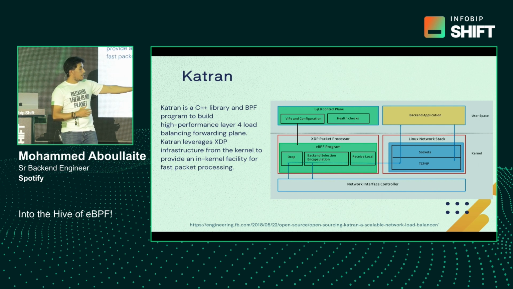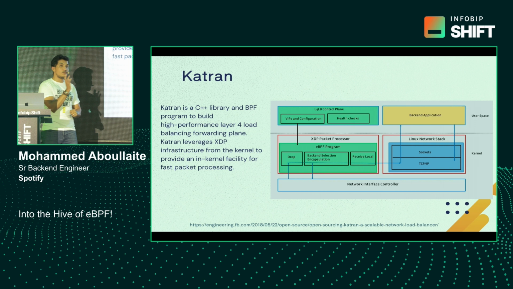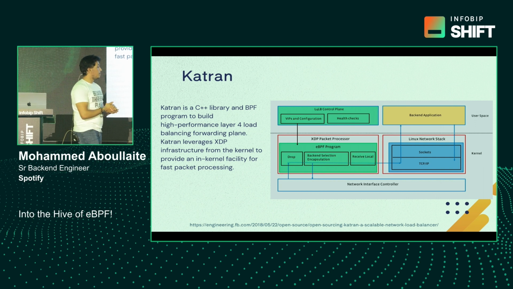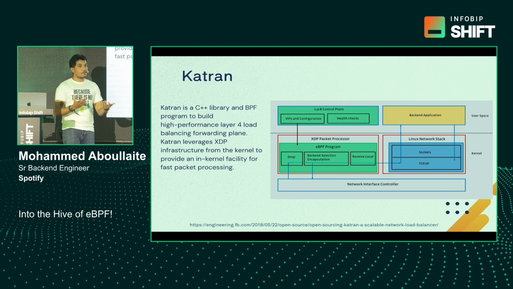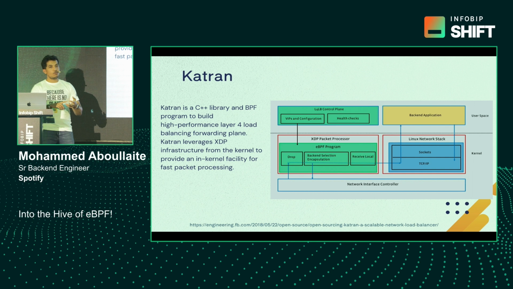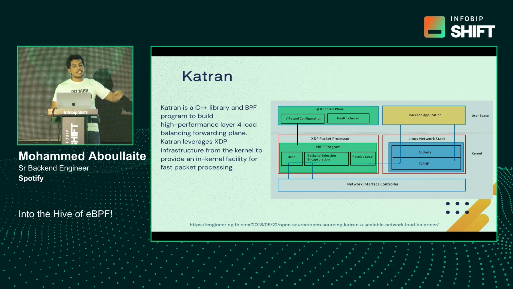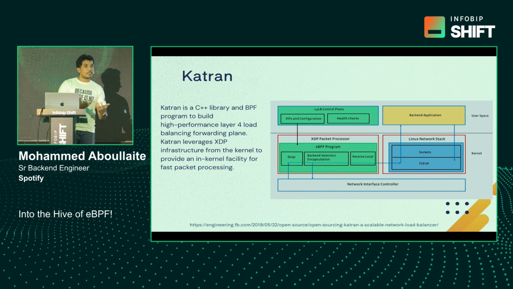It's an open source project from Facebook, now Meta. They open sourced it in 2018, and that helped eBPF explode in popularity since then. So any request going in or out from Meta, be it Instagram, WhatsApp, Facebook, you name it, is going through Katran. So it handles a lot of traffic and helps to showcase the power of eBPF.